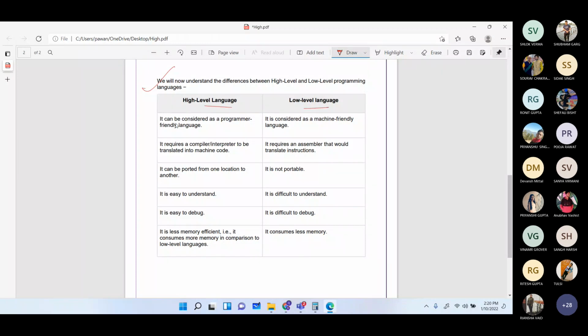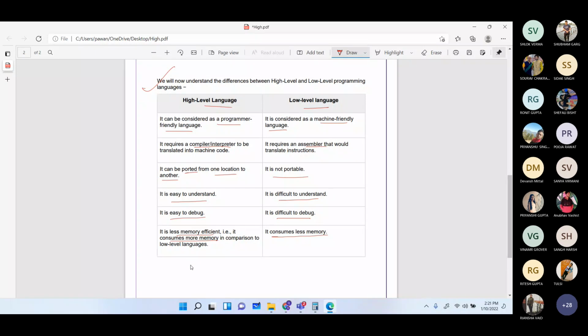In the comparison, one is programmer friendly and the other is machine friendly. One requires a compiler or interpreter, the other requires an assembler, we already learned this. One can be ported from one location to another, the other is not portable. One is easy to understand, the other difficult to understand, easy to debug, difficult to debug. One consumes less memory and the other consumes more memory, because whenever you write some character, every character has certain space.